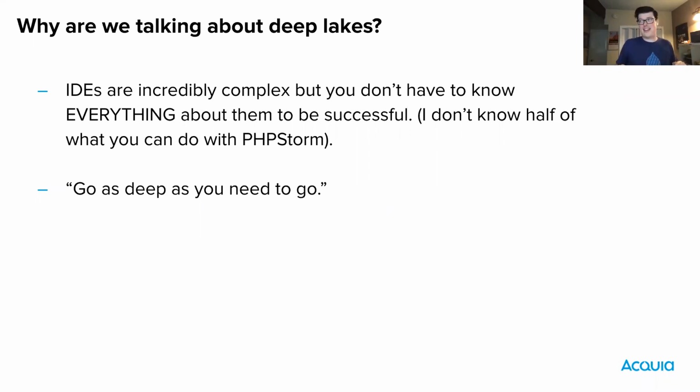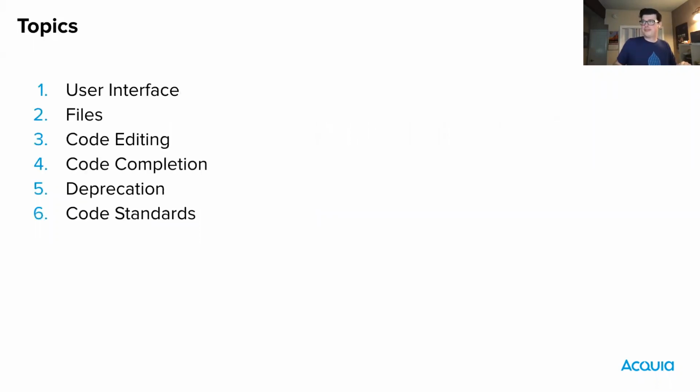And an IDE in this case is a piece of software that can help you do code editing. So as we're looking at this, it's really easy to get overwhelmed by all the things that the IDE can do. And I'm just going to tell you, learn it piece by piece, focus on what you need to do, and only go as deep as you need to go, and you're going to be just fine.